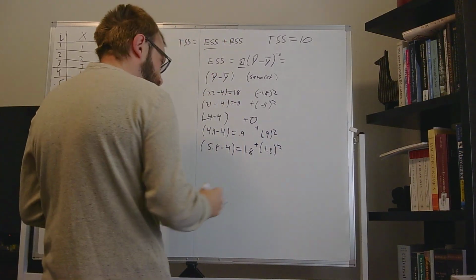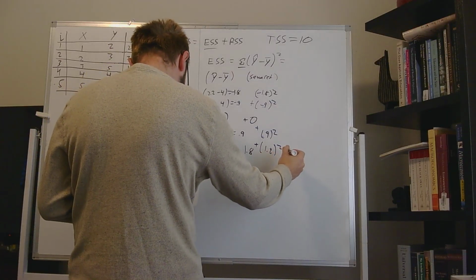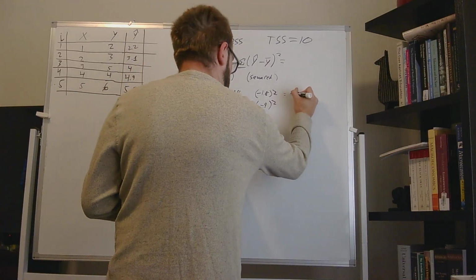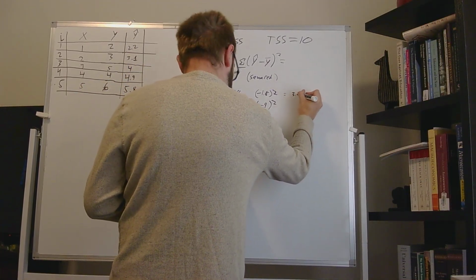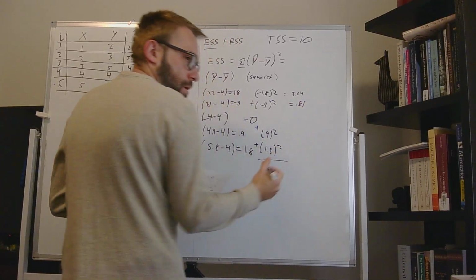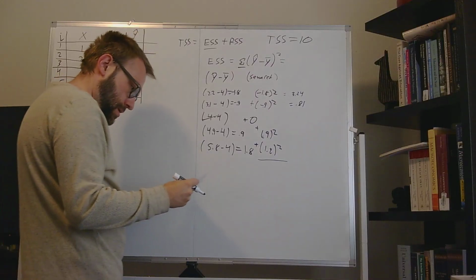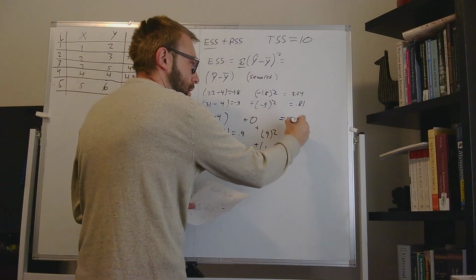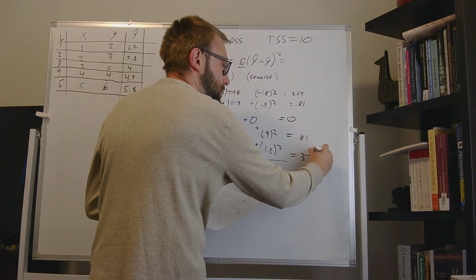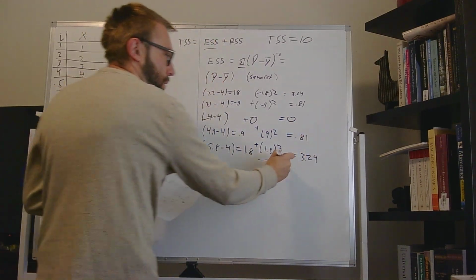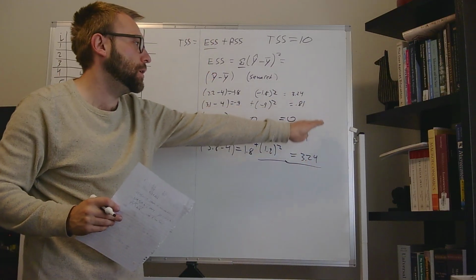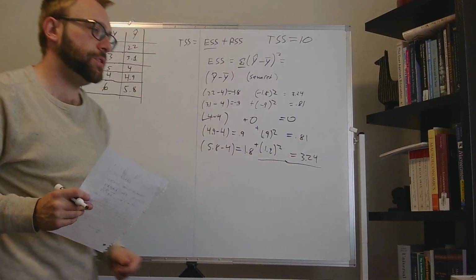Once you sum all of these values, they're going to equal 3.24. This one's going to equal 0.81, 0, this is going to equal 0.81, and this is going to equal the same at 3.24. So we're adding all of these together: 3.24, 0.81, 0.81, 3.24.